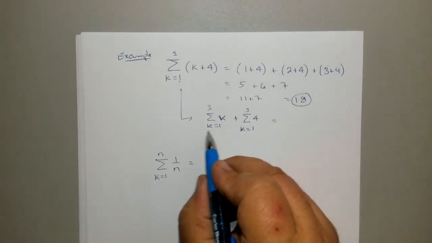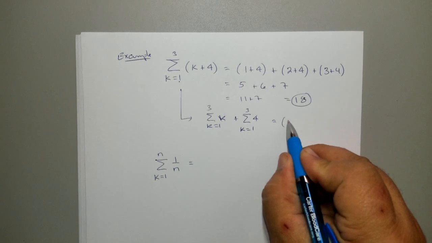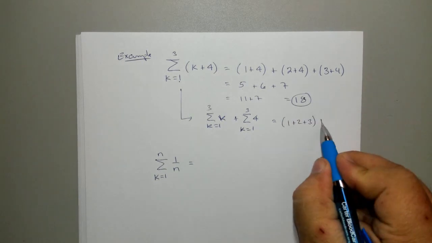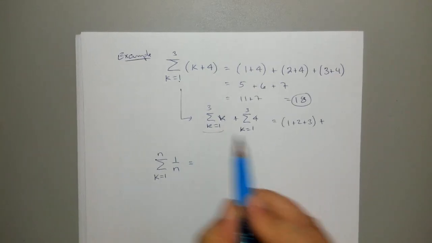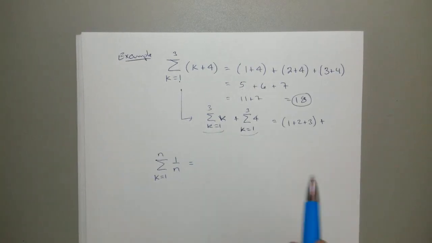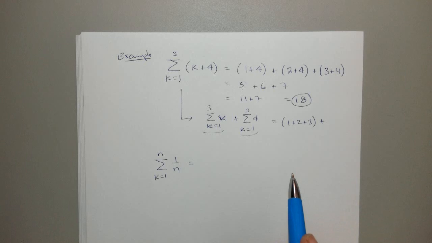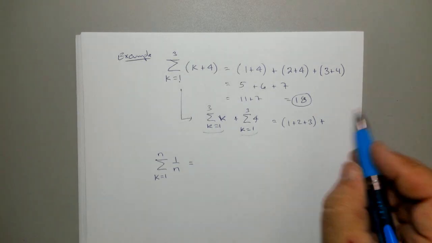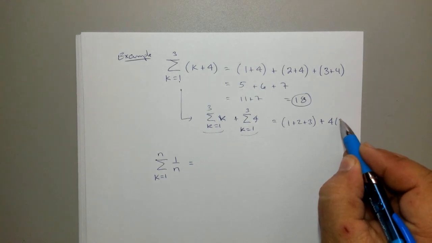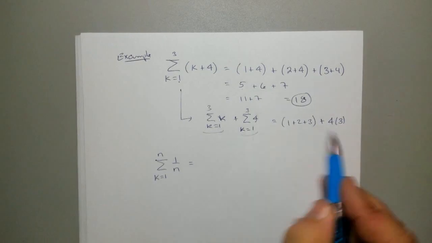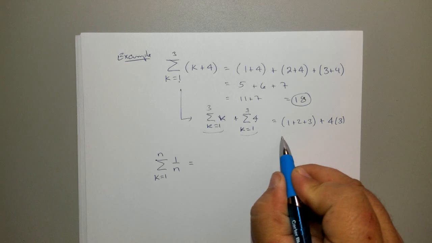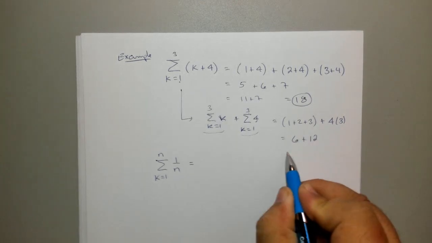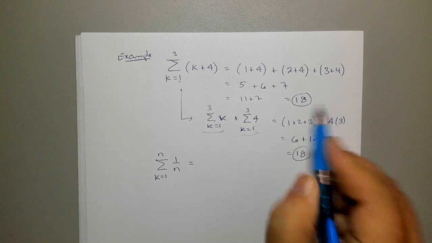It says start from 1, add to 3. So it's 1 plus 2 plus 3. That's the first part. Now the second part is a constant value, so we just take that constant value times whatever our n is, and multiply them together. 6 plus 12 equals 18. Same thing.